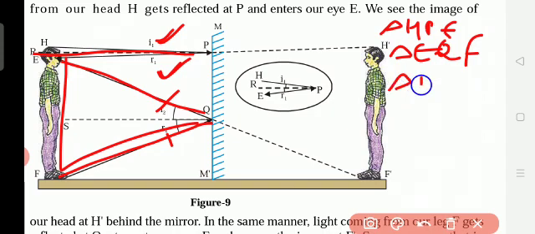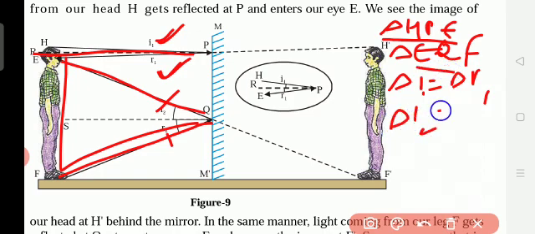So angle I1 is equal to angle R1. This is the first one. In the second one, angle I2 is equal to angle R2. According to the laws of reflection, both are equal.